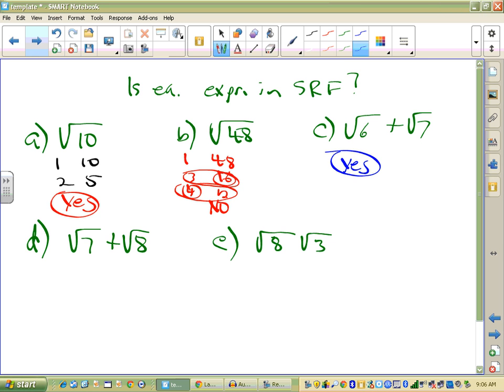Yes, that one's in simplest radical form. Okay. Part D. What do we think about D? Somebody said no. You're right, it's no, since 8 has a perfect square factor bigger than 1. 8's really 2 times 4, and 4 is a perfect square bigger than 1. So that's why that one's not.